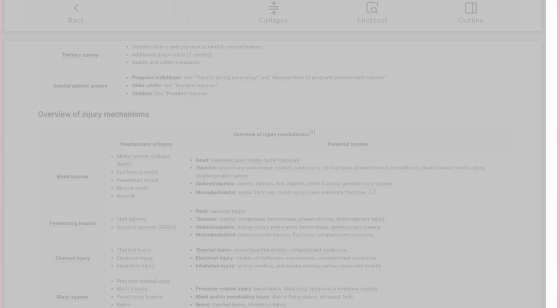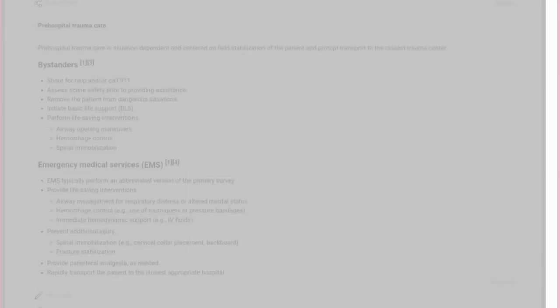Drowning, cold-related injury, and diving-related injury: respiratory failure, cardiac arrest, hypothermia, frostbite, non-freezing cold injuries, decompression disease, arterial gas embolism, barotrauma. Other environmental injuries. Pre-hospital trauma care.